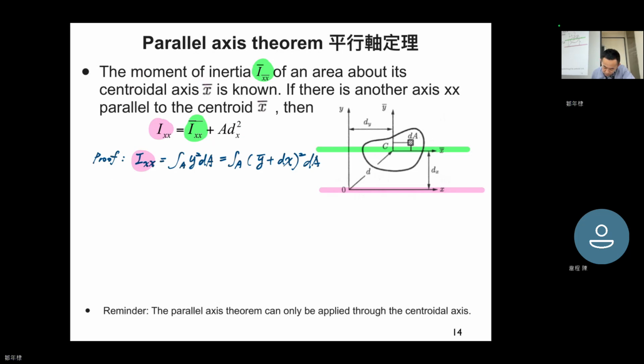So you can see that this is the distance between the x bar axis and the x axis.